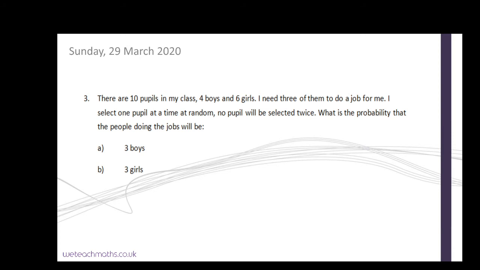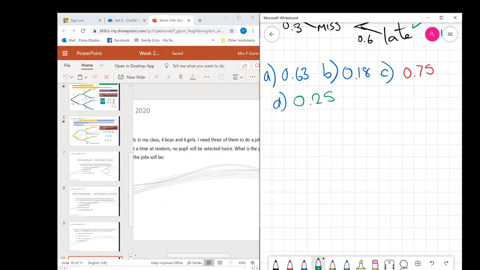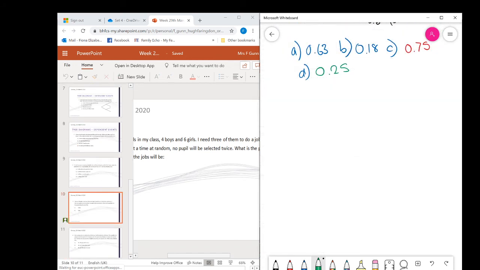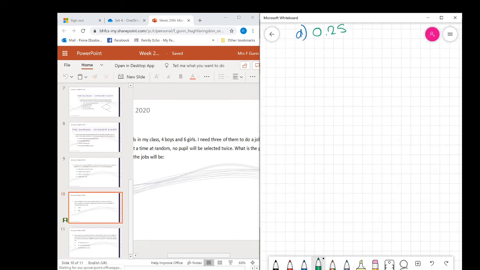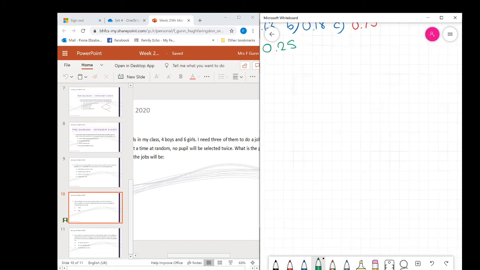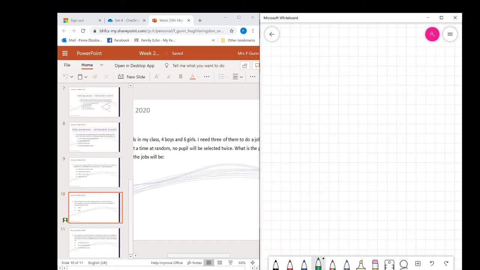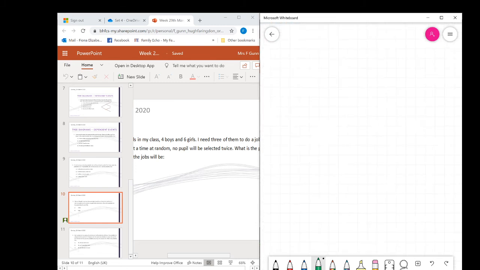Okay, so what you should notice is for this one, I'm running out of space. Can I go sideways on this? I can. And how high up can I go? There we go. So what we should notice is I need 3 of them to do a job.